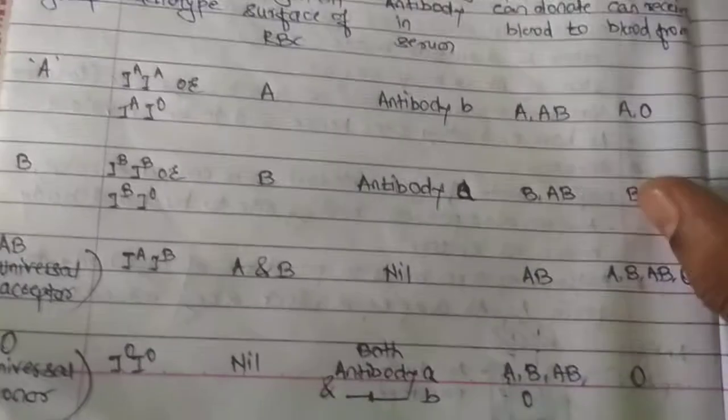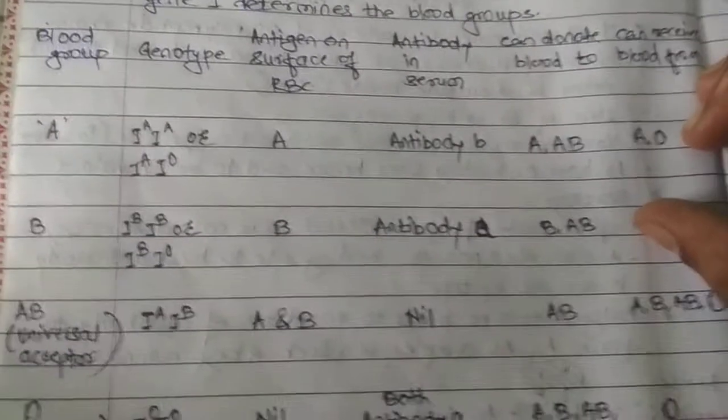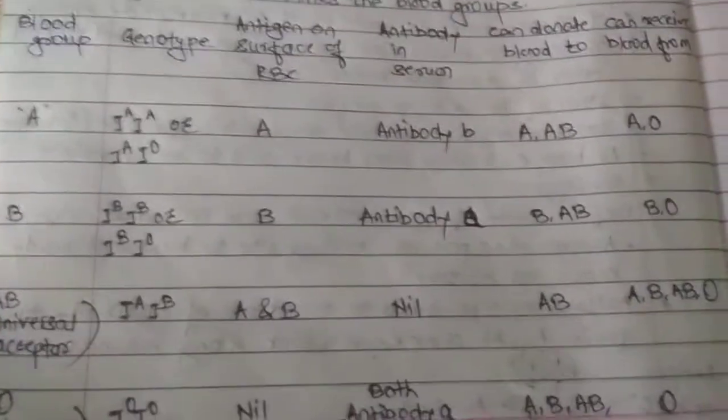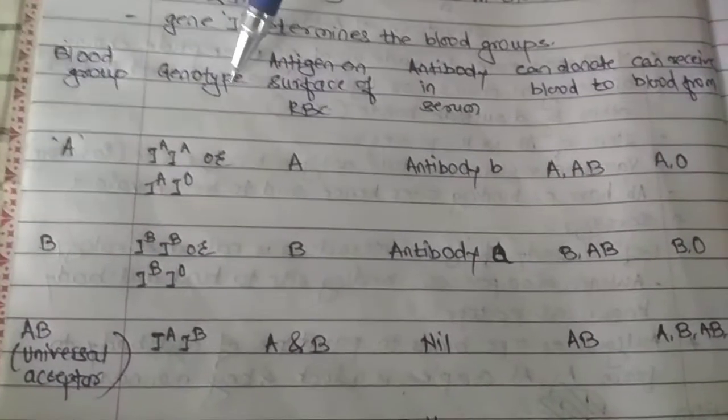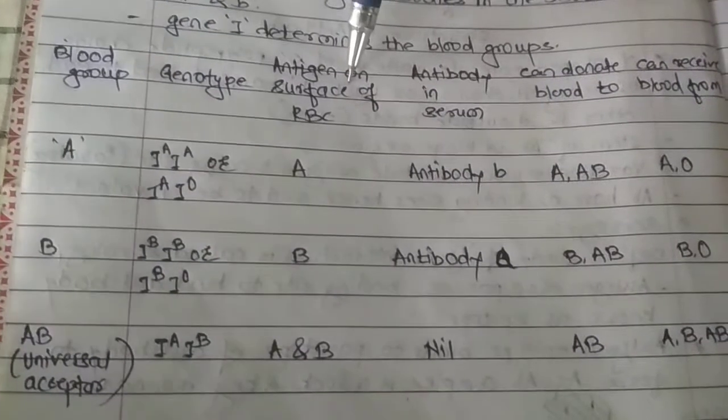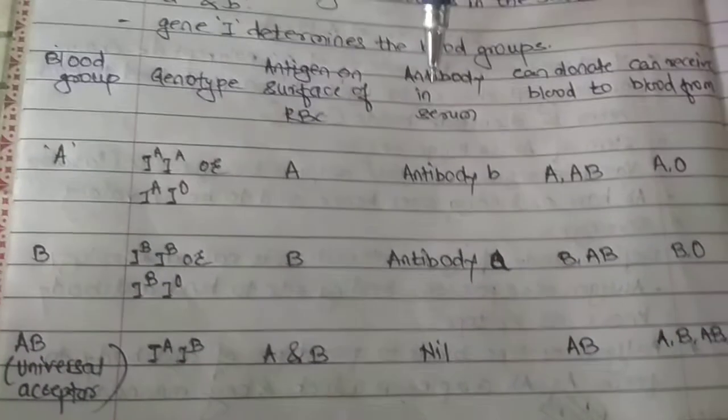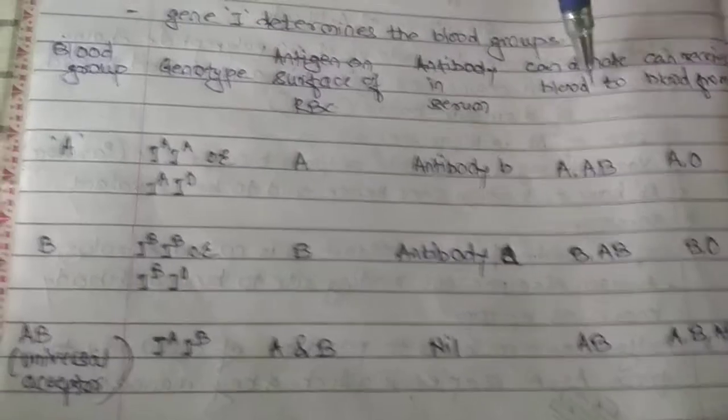Now we are going to see the next chart, of the blood group system. This is a very important chart; you must be familiar with it, or you must know certain things about it. The first column is the blood group, the second is the genotype, the third is the antigen on the surface of RBC, then the antibody in serum, can donate blood to, and can receive blood from.